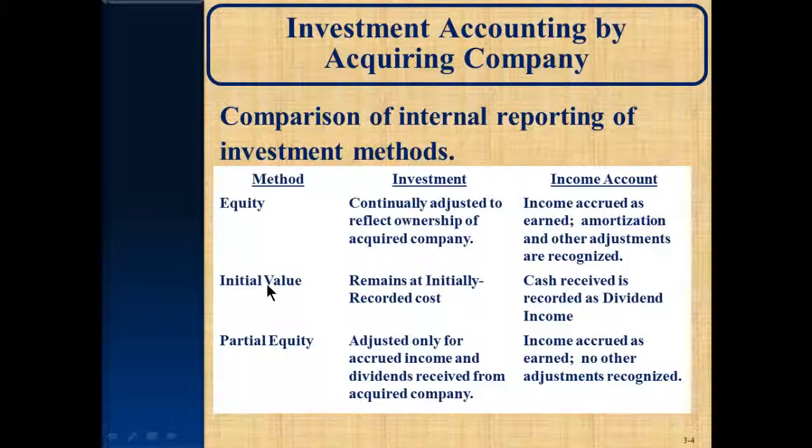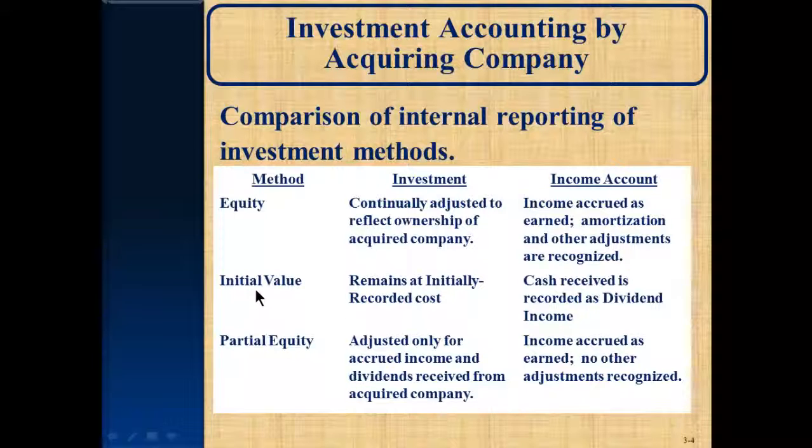The initial value method, you'll notice this in the problems we're going to work, is called the cost method, because that investment you have on your general ledger, the thing you recorded on your GL when you made that transaction and credited cash or notes payable or stock, whatever it is you gave up to buy that investment, is still going to remain at that legacy old value on the date you bought it.